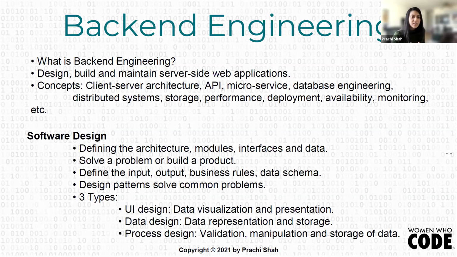One way to think about this is you do software design either to solve a problem or you're trying to build a new product or a service, right? The first thing you would want to do is define the input, the output, your data, business rules on how you want to manipulate that data, and then the data schema as it evolves with respect to your application or your software evolving.